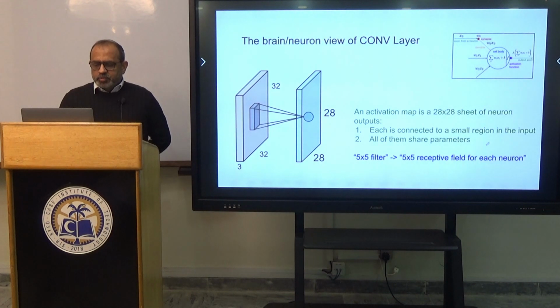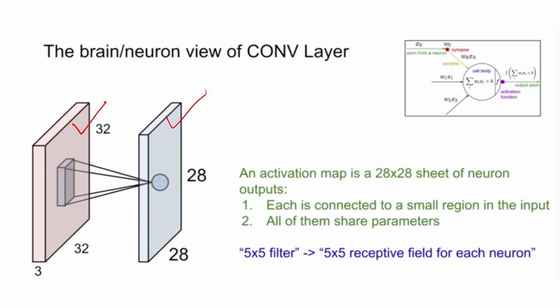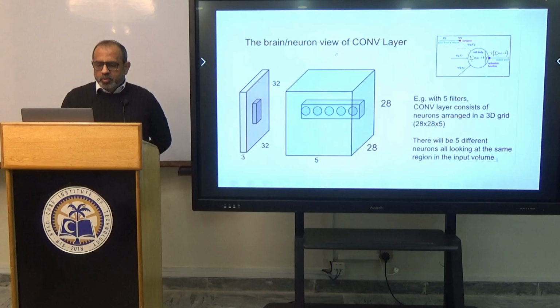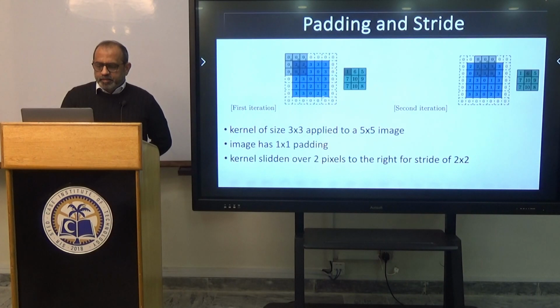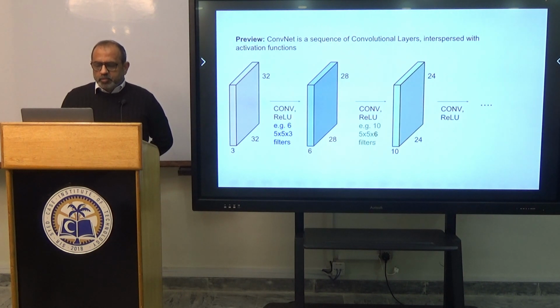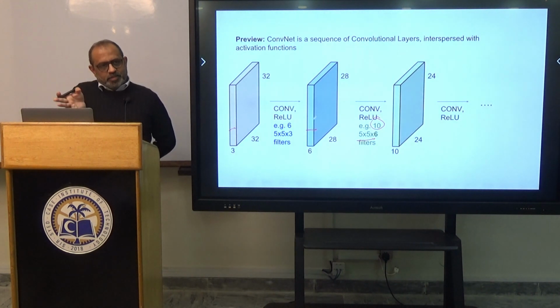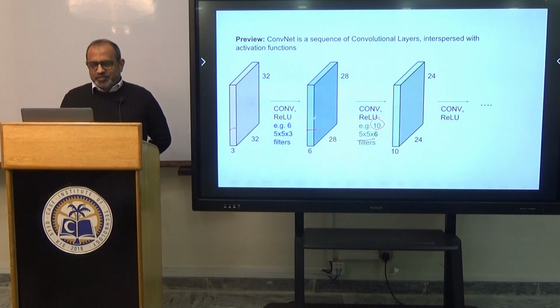Okay, so this is what it is: you have a colored image, you convert it into 6 images by having 6 filters operating on this, and then you go to another set of 10 filters, 5 by 5 by 6, because now there were RGB and here there were 6 images. For every image you have to have another filter.